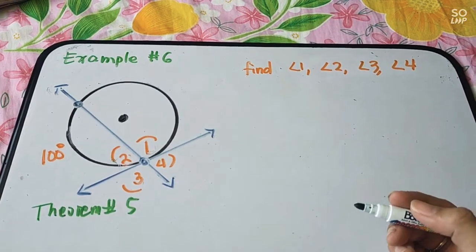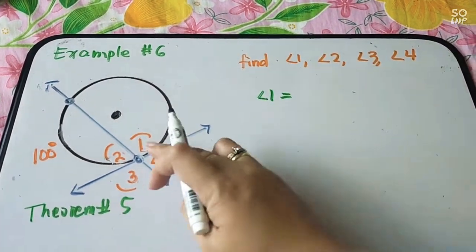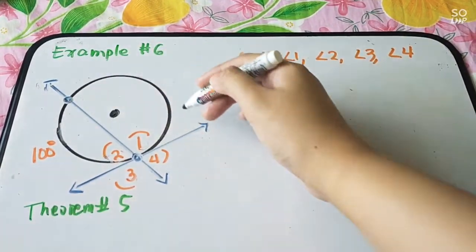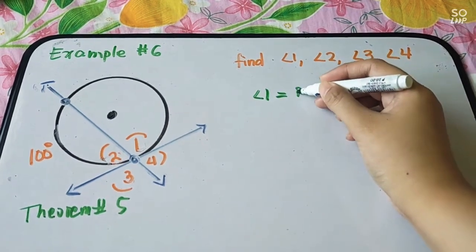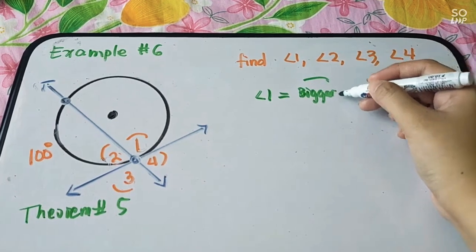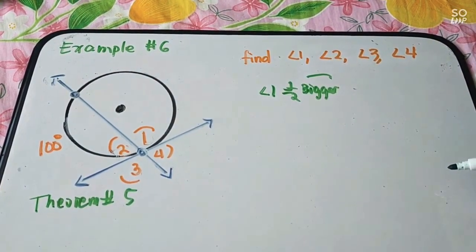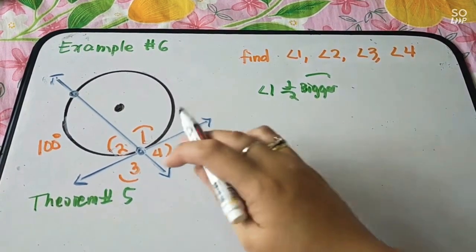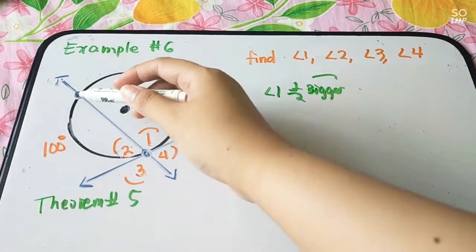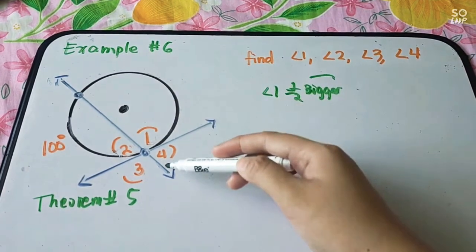Okay? So, for us to find this one, we have angle 1. Itong angle 1, it should be this one, this arc, yung bigger arc, 1/2 of the bigger arc. Yan nga lang, hindi natin alam yung bigger arc. So, paano natin malalaman? Ito, 100 to. So, yung matitira ay ilang kaya?